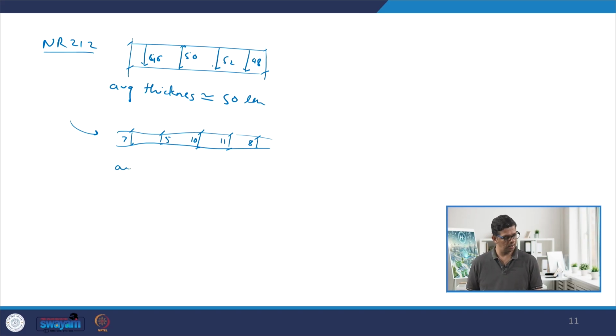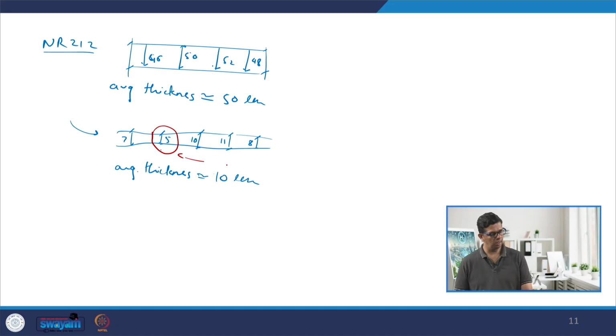So, despite having an average thickness of, let us say, 10 microns, since we have a very small thickness at one of the locations, for example, this one, let me highlight this, this is the location where the thickness is very small compared to the average thickness.